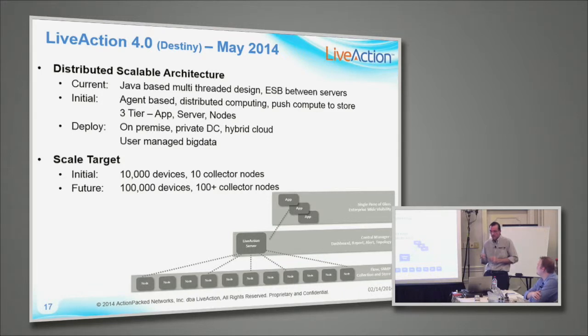One of the challenges, and I'll go into the technology part about the big data, is that it's hard to do big data on-prem where it's user managed. We've tried Cassandra and other products, and you have to tailor it for on-prem deployment. For scale, we're looking at 10,000 devices, 10 collectors, but with the framework that we're developing, you can do 100,000 in the future, 100 collectors.